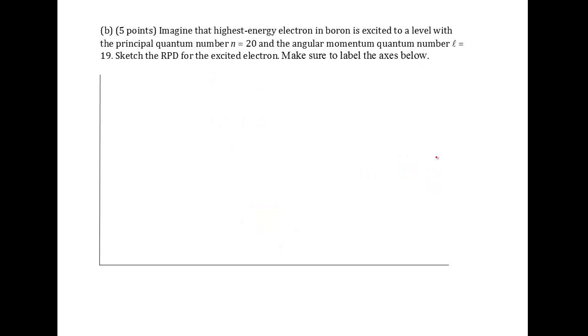Now part B. Sketch the RPD for the excited electron that has the principal quantum number of 20 and the angular quantum number of 19. To graph RPD, you use the fact that the total radial nodes is n-l-1.